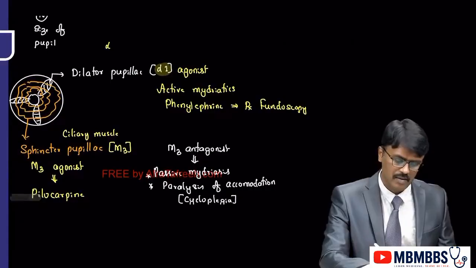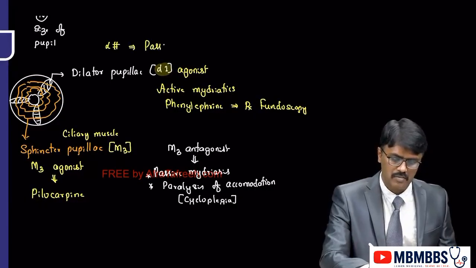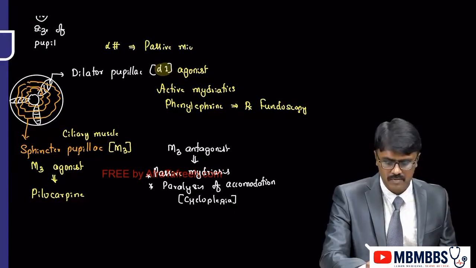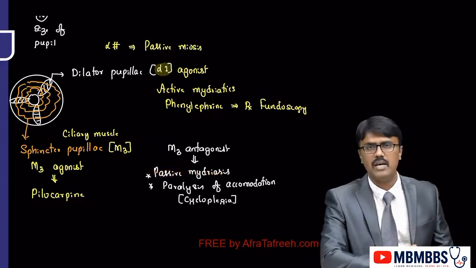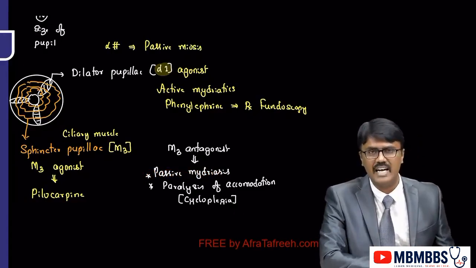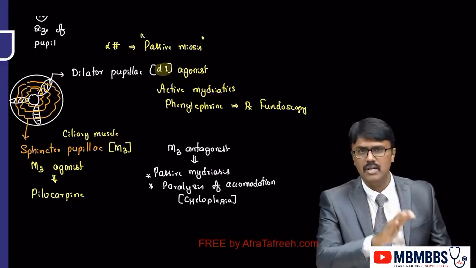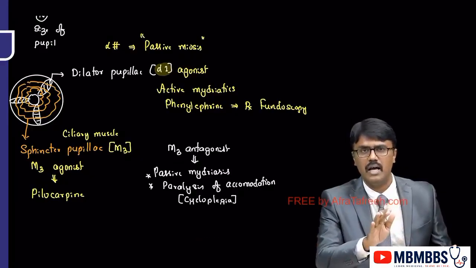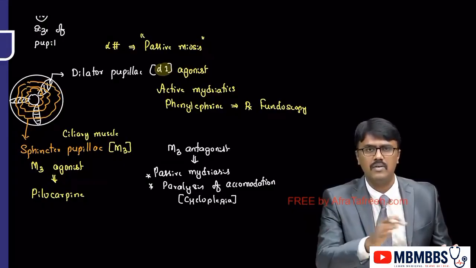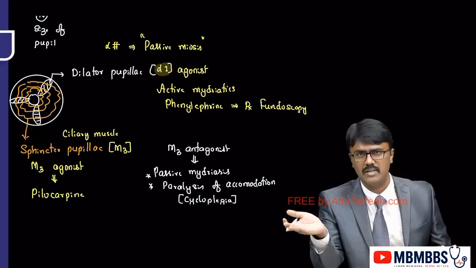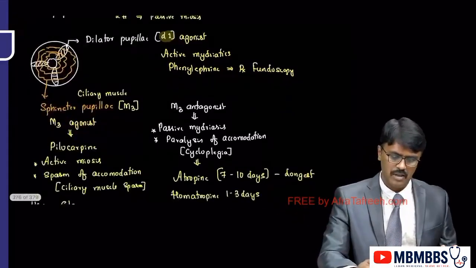If you block alpha, the alpha blockers produce passive meiosis. For example, alpha blockers like prazosin, tamsulosin can produce passive meiosis. Simply remember, agonist produces active mydriasis, antagonist produces passive mydriasis. That's it. And I have told you where they are used.